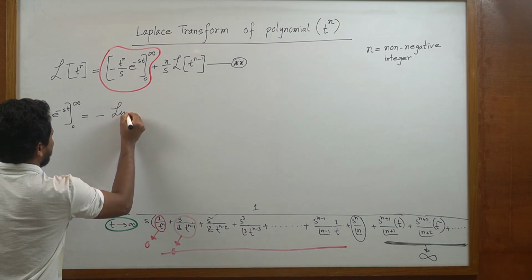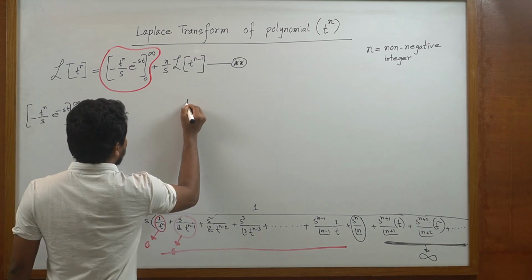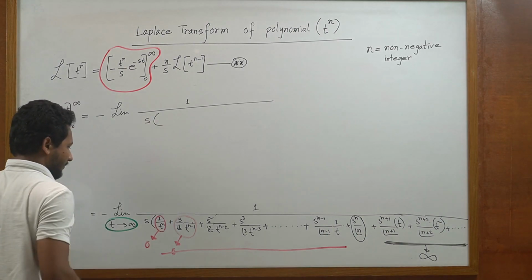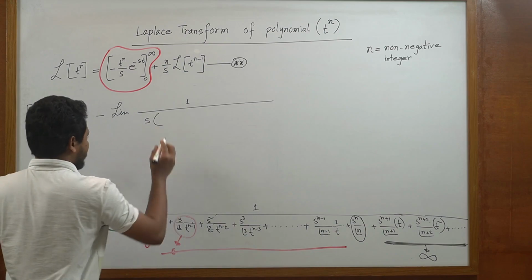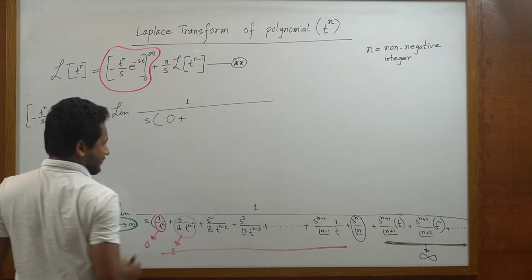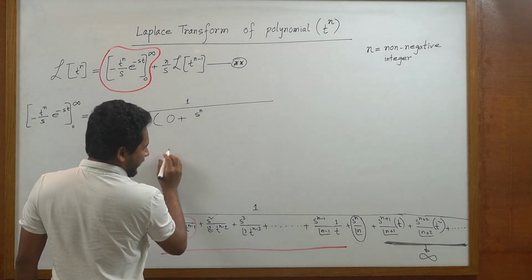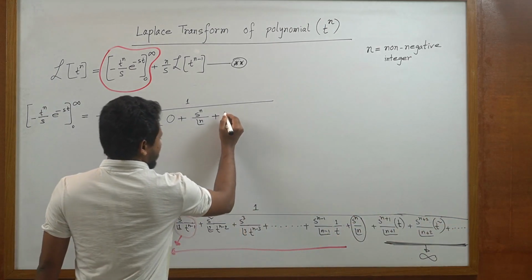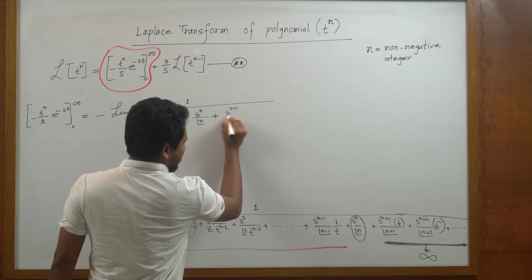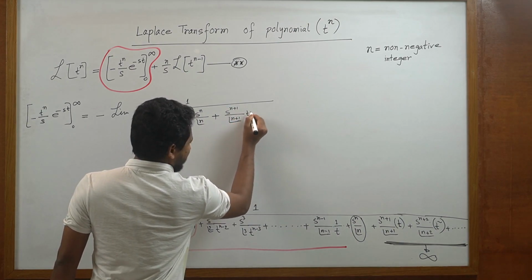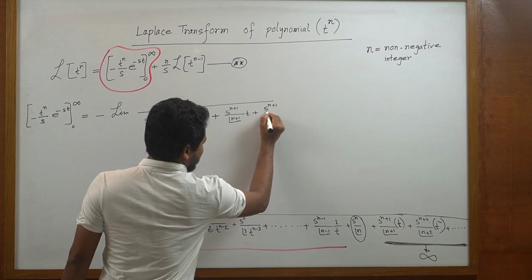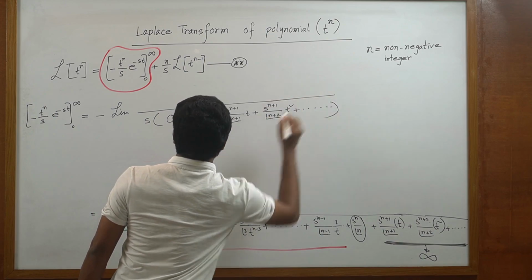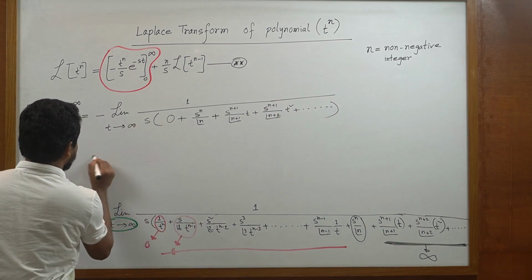So we are getting minus limit of 1 by s into this part: 0 plus s to the power n by factorial n plus s to the power n plus 1 by factorial n plus 1 t plus s to the power n plus 2 by factorial n plus 2 t square, as t tends to infinity.